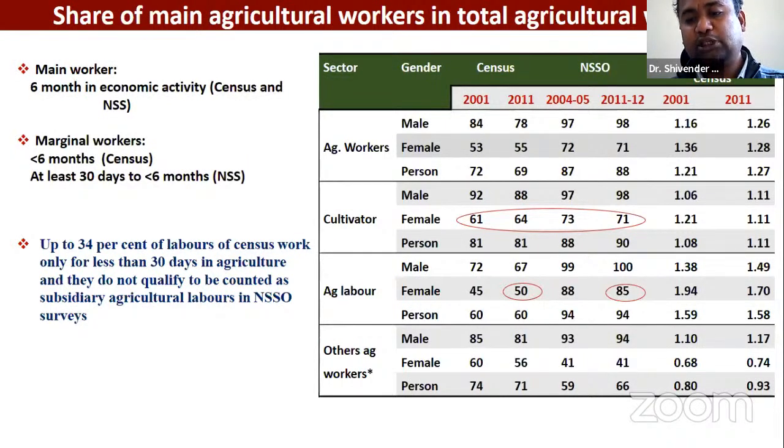You need to take that discrepancy into consideration whenever you are drawing implications. Here I am not saying which one is correct, the census or NSSO. Both have adopted their own definitions and that's why the estimates are different. So whenever you want to draw any conclusion, you should see what the definitional variations are, and only then draw your conclusions from the data.